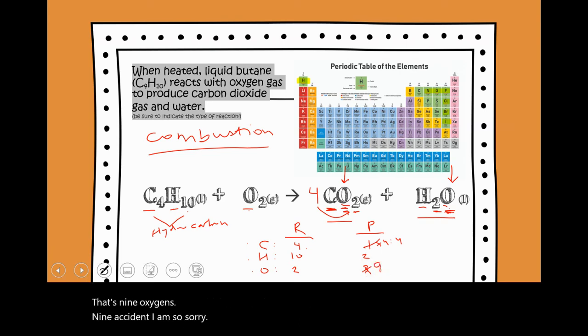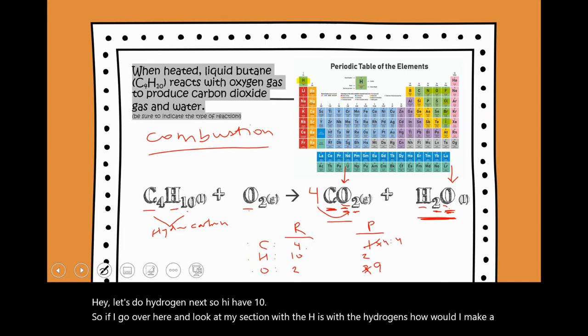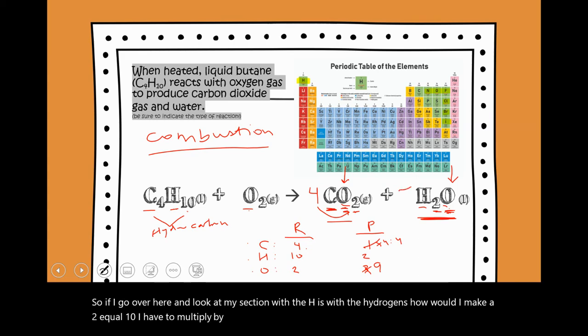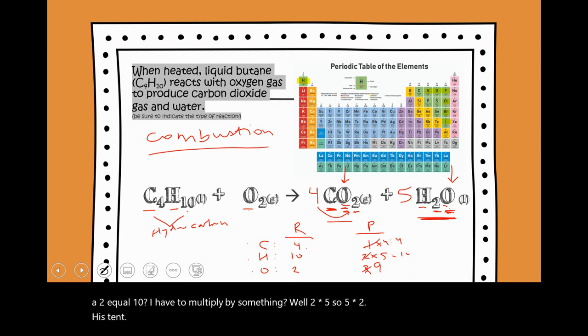Okay, let's do hydrogen next. I have 10. So if I look at my section with the hydrogens, how would I make a 2 equal 10? I have to multiply it by something. Well, 5 times 2 is 10. So I'm going to multiply that by 5.